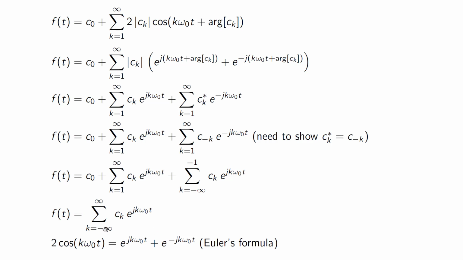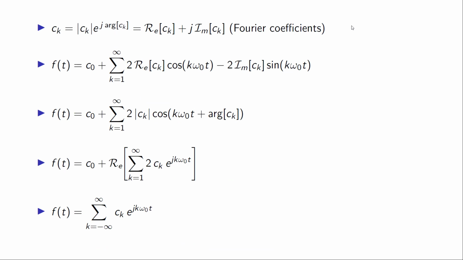But in the sum you'll also have the opposite index minus k, and this will produce a phasor turning clockwise. We can now use Euler's formula that I have rewritten slightly, and if you add these two phasors, you have 2 times a cosine, and here you have the factor 2 appearing.